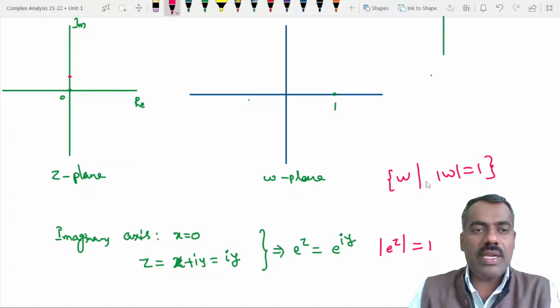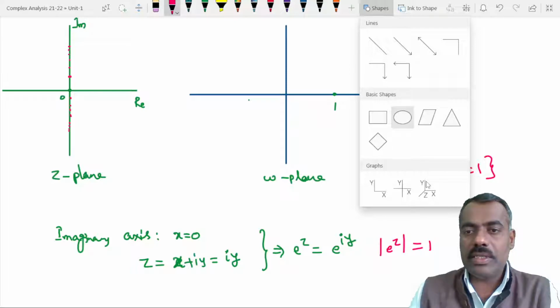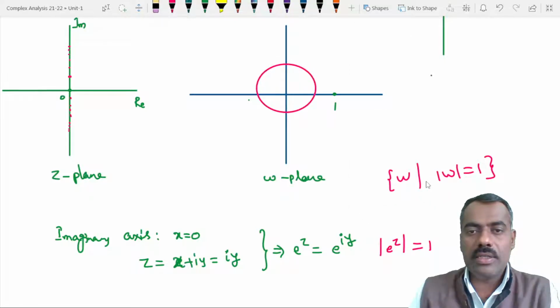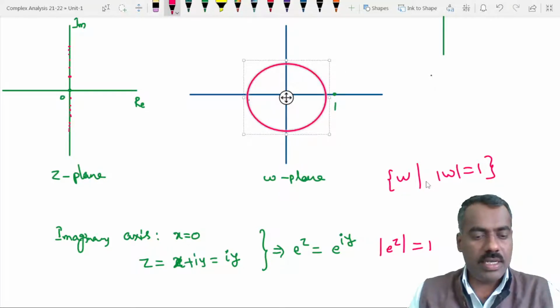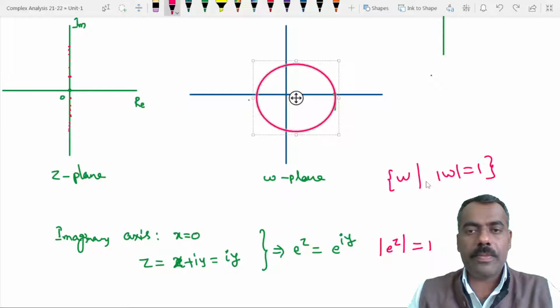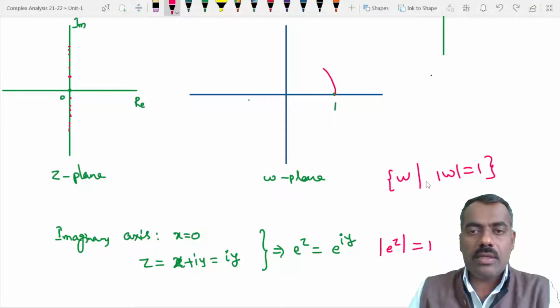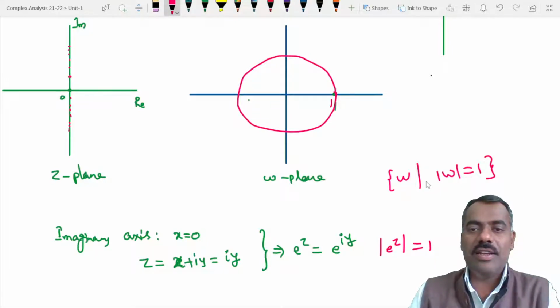So if you take any point y here, you will get a circle. Even though it is not a circle, let me draw on my own. You will get a unit circle. So this imaginary axis is transformed to the unit circle.